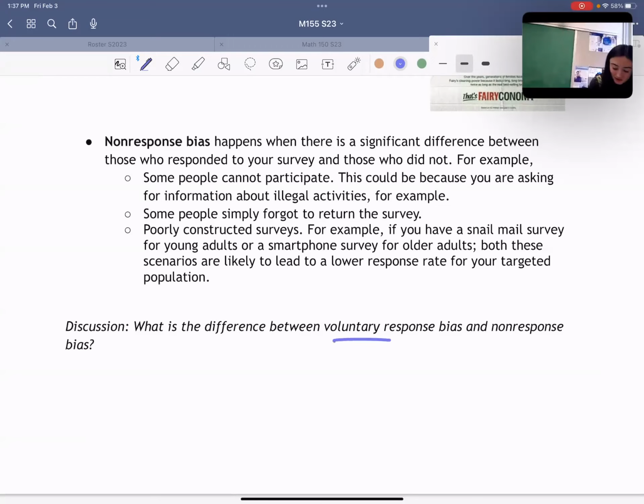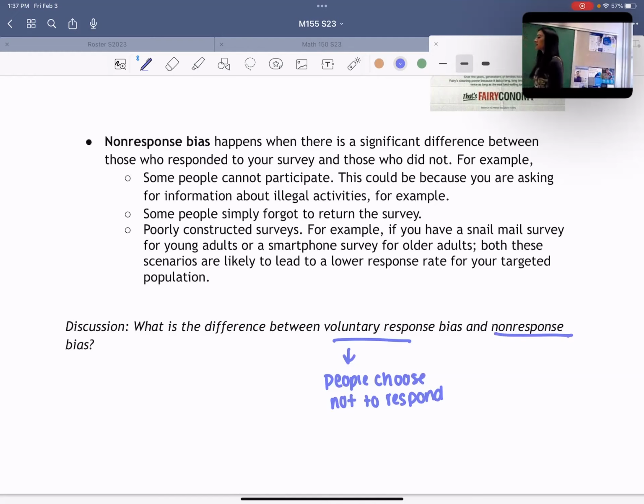Voluntary response bias has people not responding, but they choose not to respond. They had every chance to respond. They just don't feel like responding. So I'm going to say people choose not to respond. Now that's different than non-response bias because, as Mark said, in non-response bias, people don't have the choice to respond.